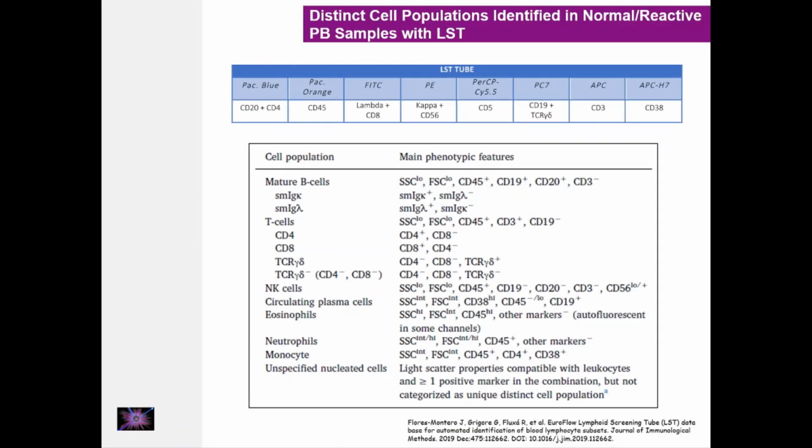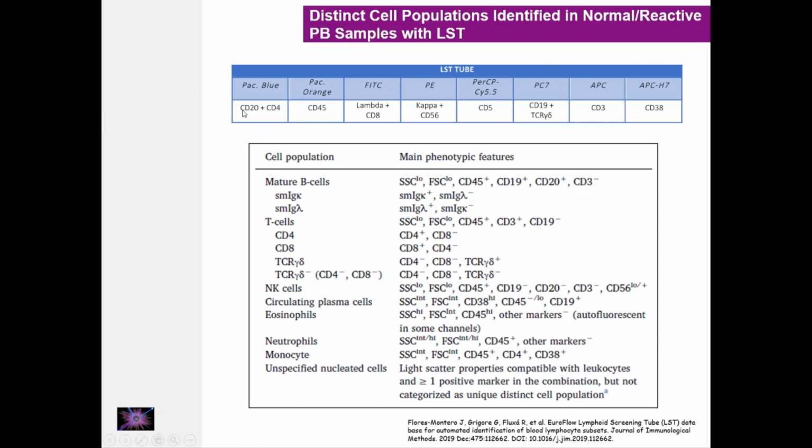To construct the reference LST database, data files corresponding to 119 donor reactive samples stained with the EuroFlow LST antibody panel were used. This tube, as you are probably all familiar with, has 12 monoclonal antibodies which are conjugated to 8 different fluorochromes.